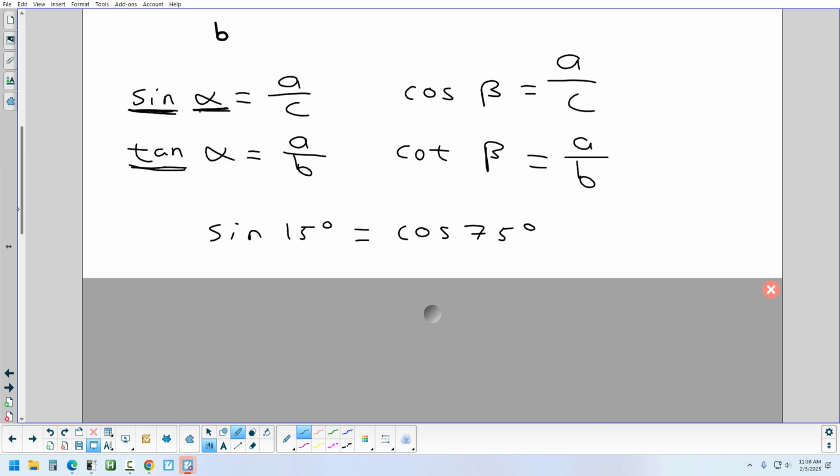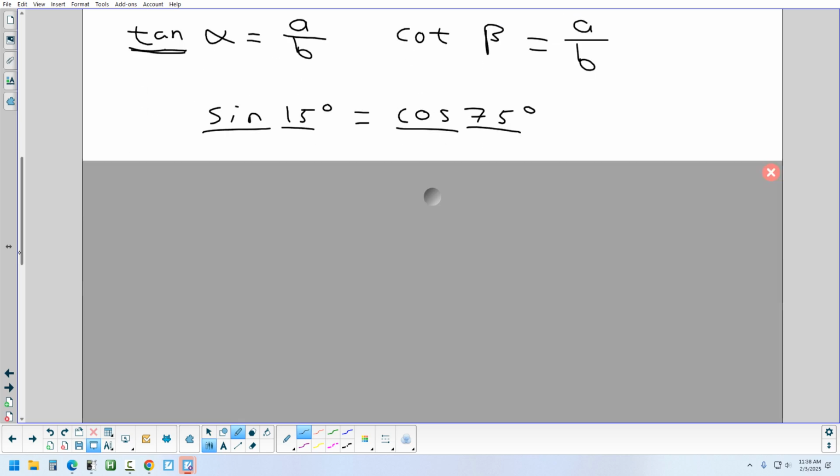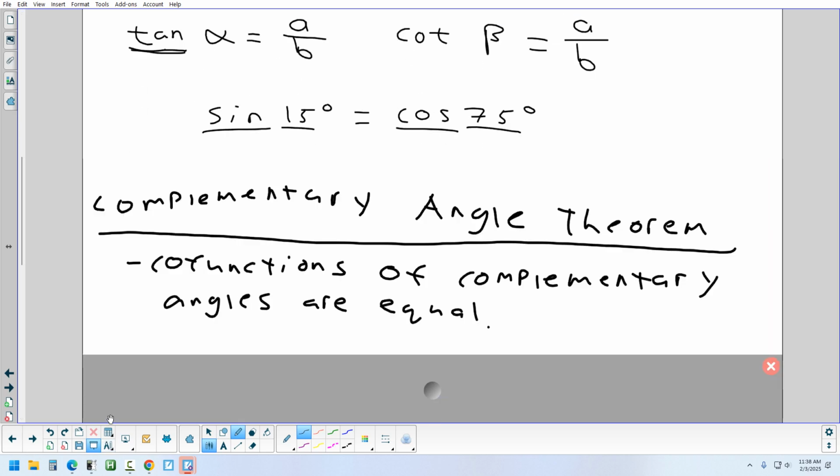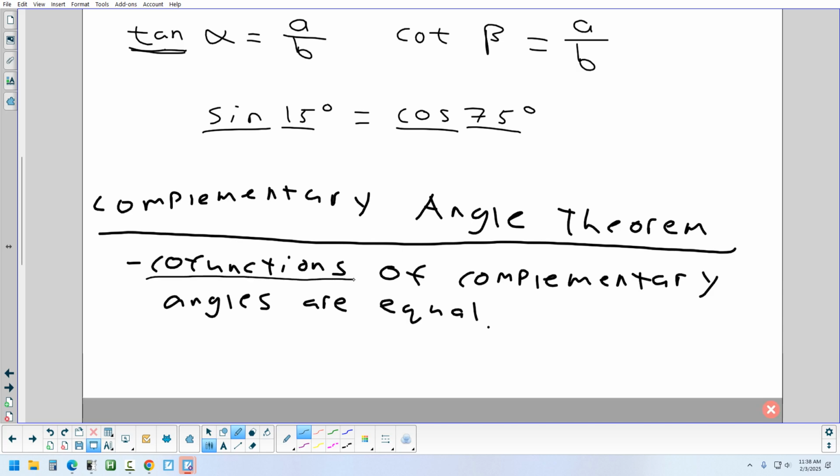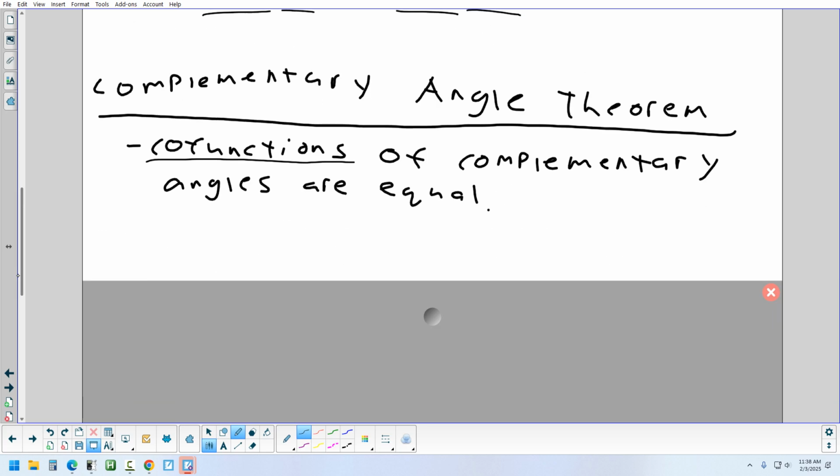So these are complementary angles, and those are cofunctions. This is called the complementary angle theorem. If you have cofunctions, and just in case we're not clear what those are, sine and cosine are one pair. Secant, cosecant, that's another pair.